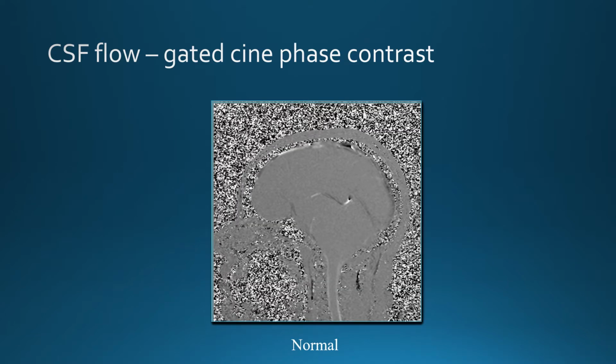In these studies, the CSF flow is gated, so we see flow throughout the cardiac cycle, and it should be relatively uniform all around the cord. So on these studies, black is flow one direction, white is flow the other direction.